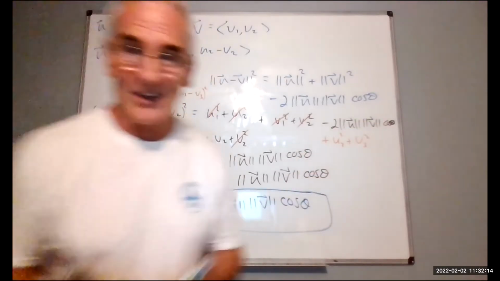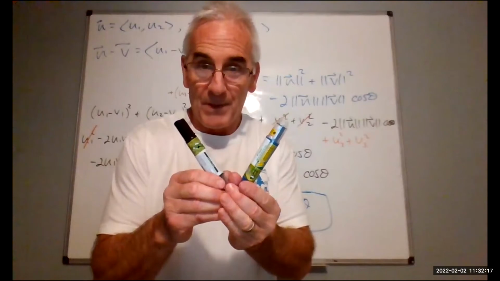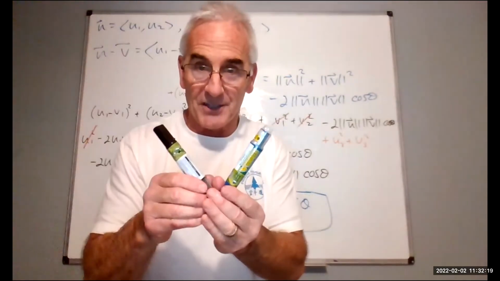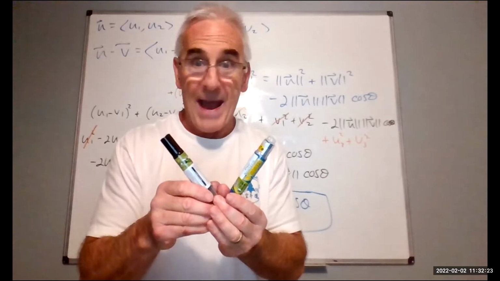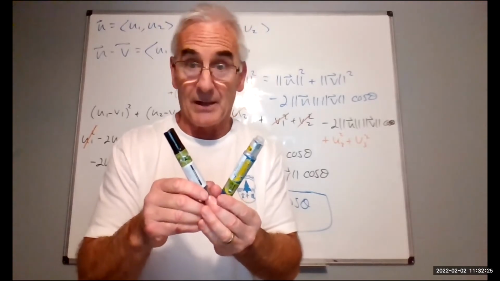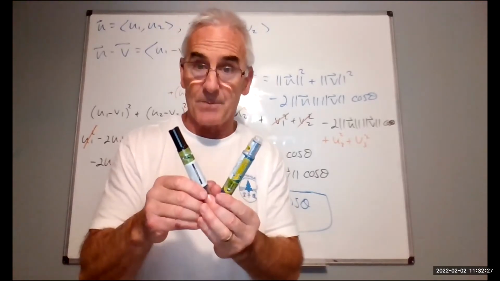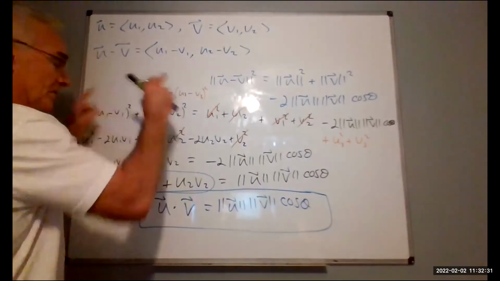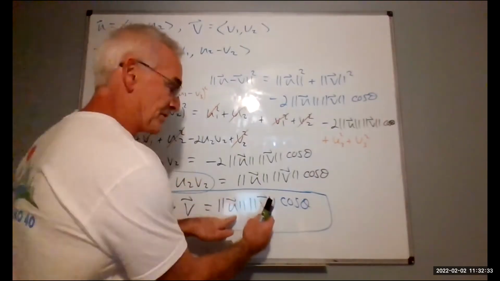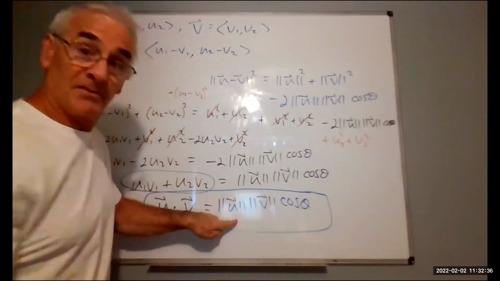But I can still ask the question, I have a vector that's a certain length pointing in this direction. I have a vector of another length pointing in this direction. No axes, just two vectors of a particular length in particular directions, and I'd like their dot product. Well, doing it in coordinate form is not very practical, but doing it using their magnitudes and the angle is very practical.